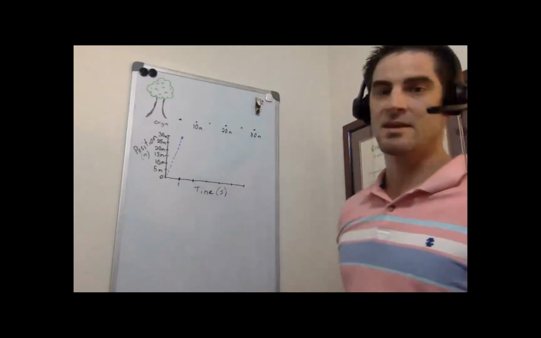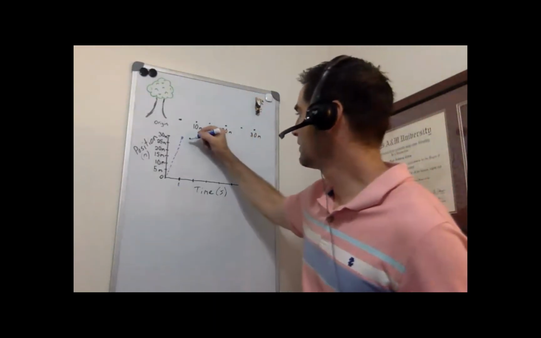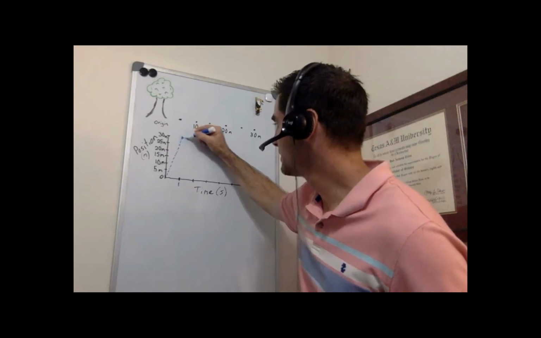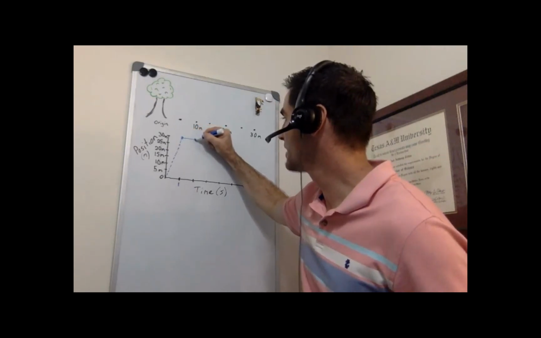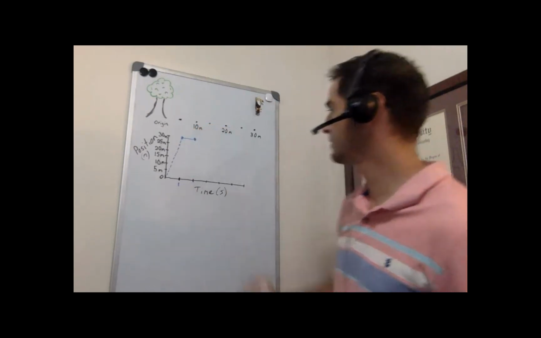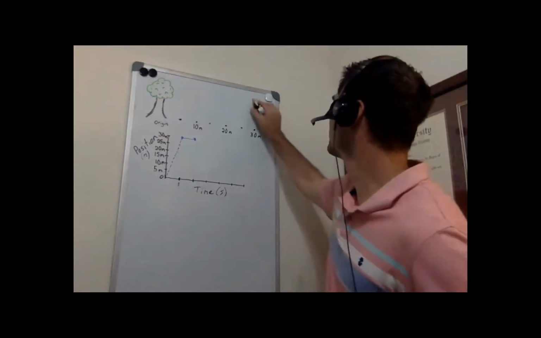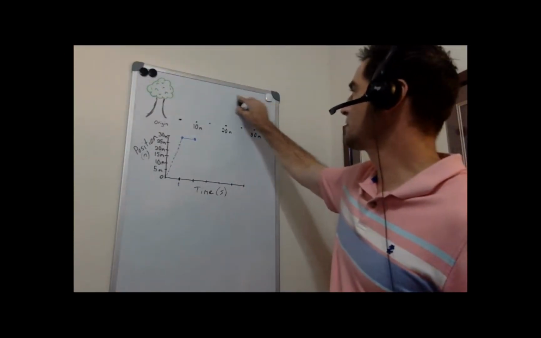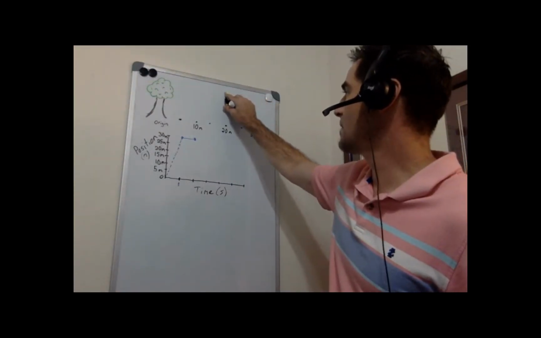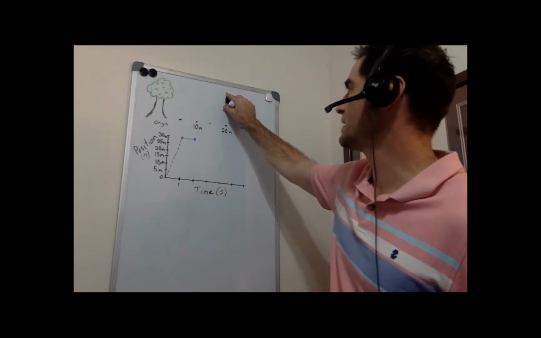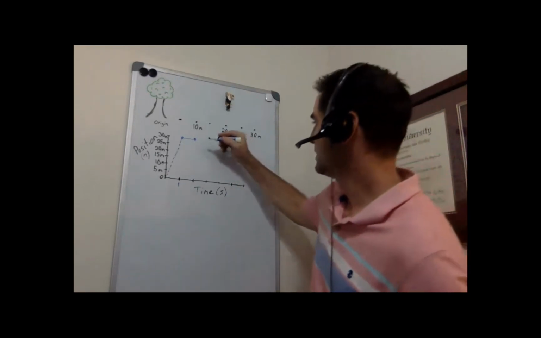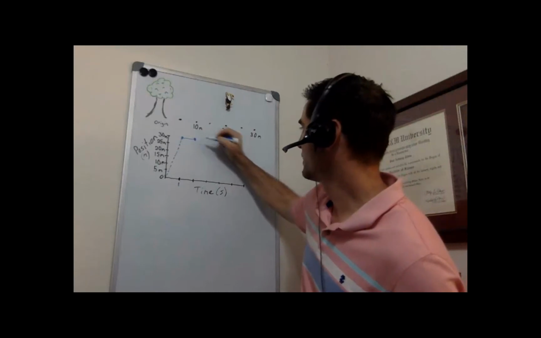Now he's going to sit there for a second. So he's going to stay there in that spot for 1 second. Then he's going to turn and fly this way and stop here, 20 meters from the tree. And that's after 3 seconds.